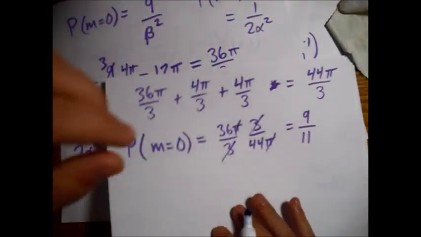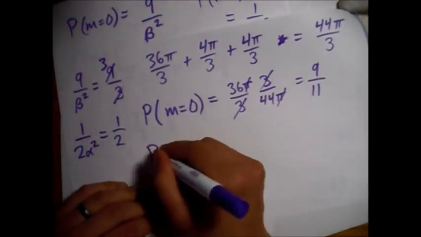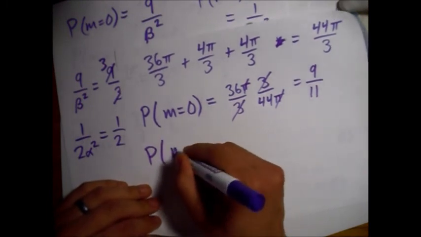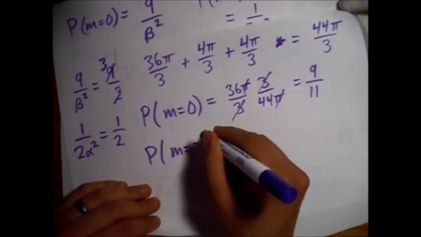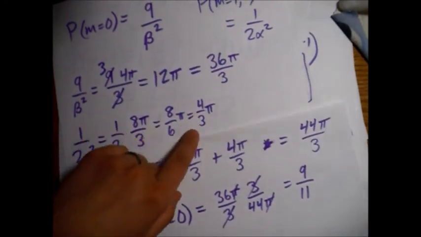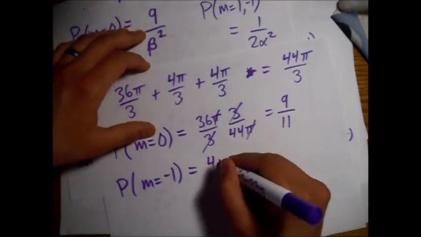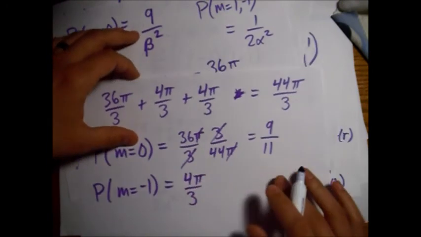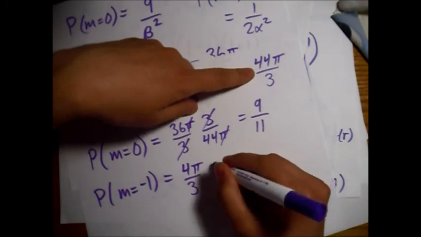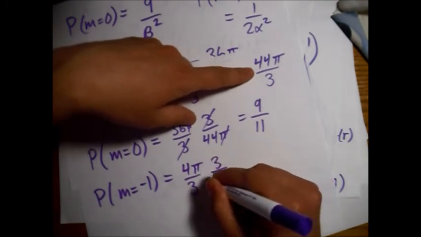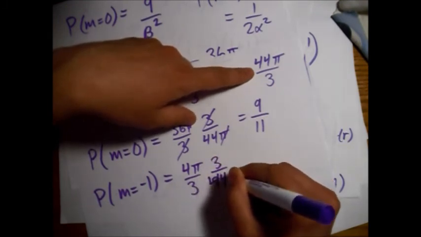Okay, and then we'll go ahead and just look at one of these for now. m equals, say, minus 1, doesn't matter, they're the same. And this was 4 pi thirds, right? Again, divide by the sum of all of them. So we get 3 over 44 pi.